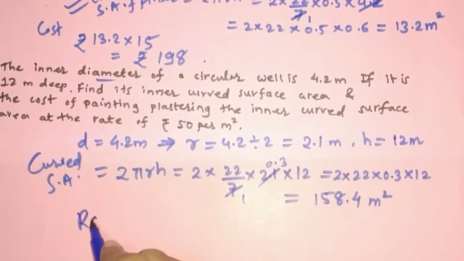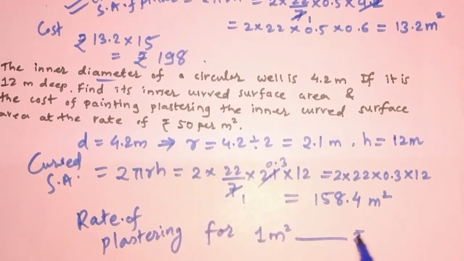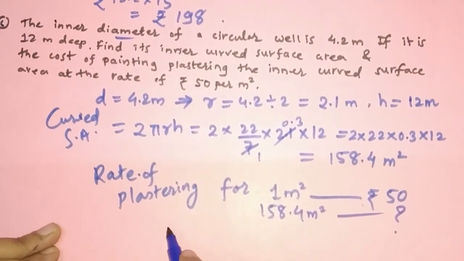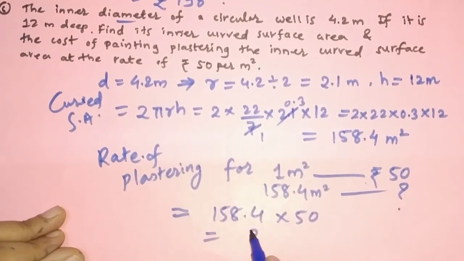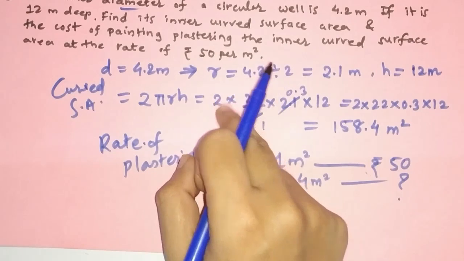So now the rate of plastering is rupees 50 for 1 meter square. So we have 158.4 meter square, how much? Just multiply it by 50. So we'll get here rupees 7,920. After multiplication you will get 7,920 for plastering this curved surface area.